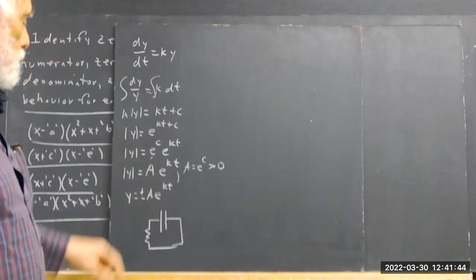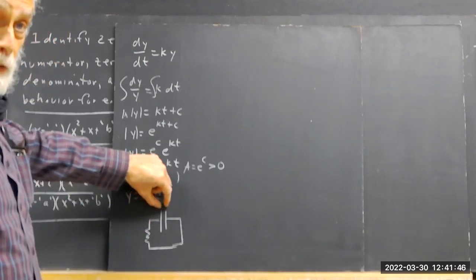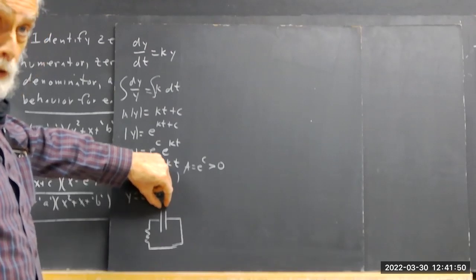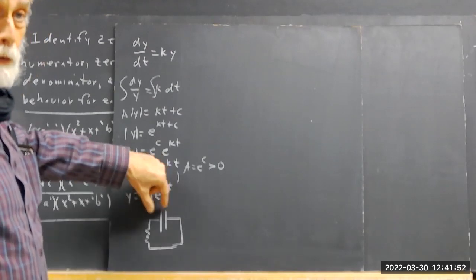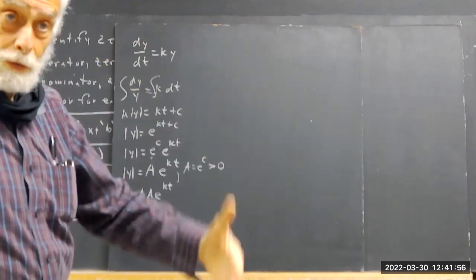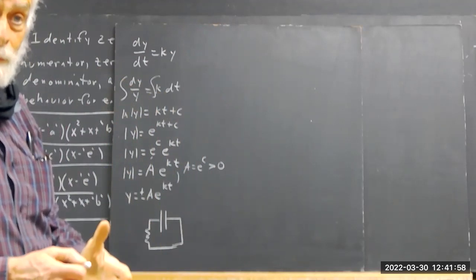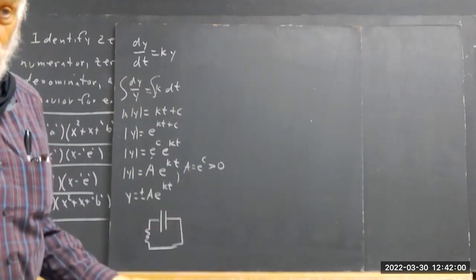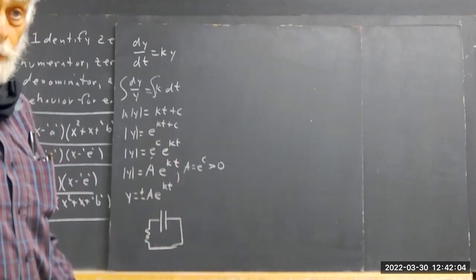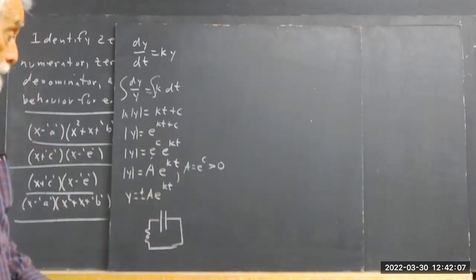So the potential difference between these things is proportional to how much charge you've got. Because of course, the sigma, your charge density on the surface of these plates, is proportional to how much charge you've got. You've got more charge, you've got more electric field, you've got more potential difference, and it's directly proportional.